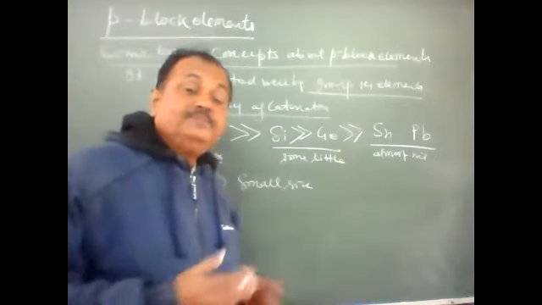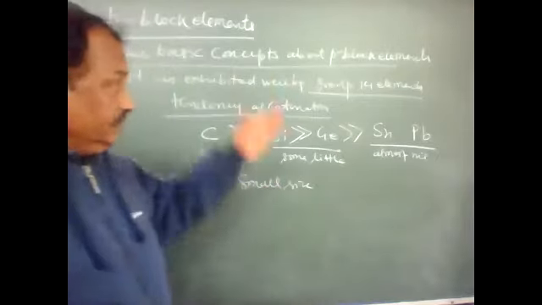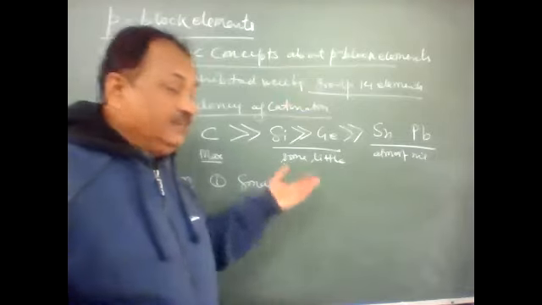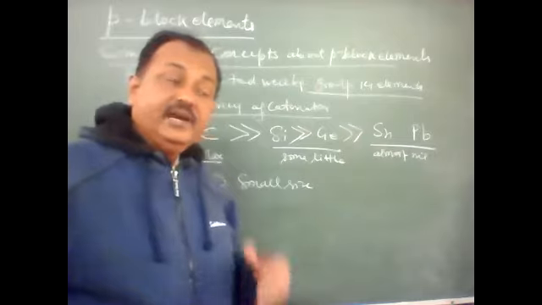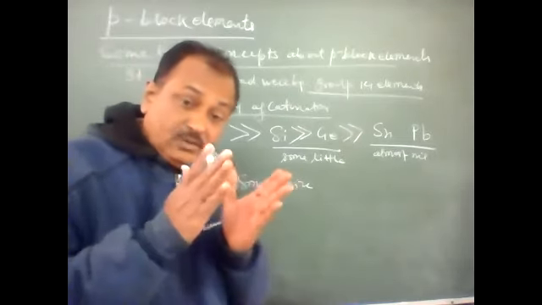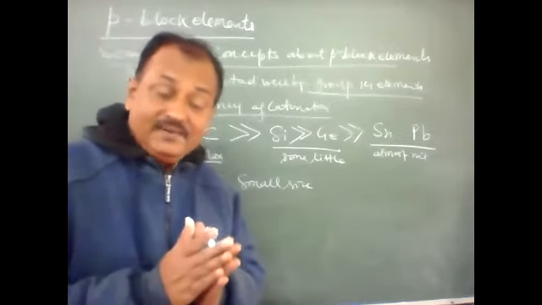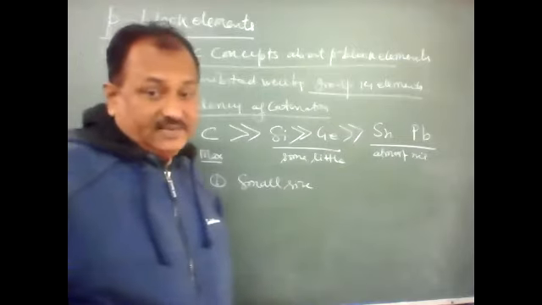The members of group 14, you have read in class 10th, periodic properties. On moving from top to bottom in a group, the atomic size increases. On moving from left to right in a period, atomic size decreases. So group 14 lies at a place where there is the maximum tendency of catenation.